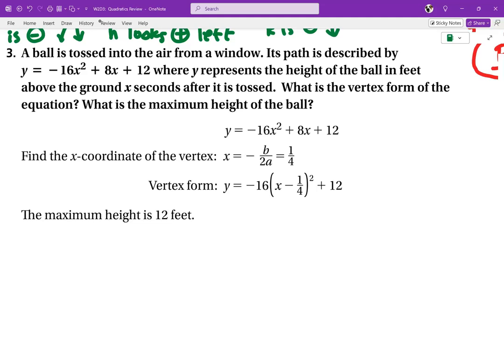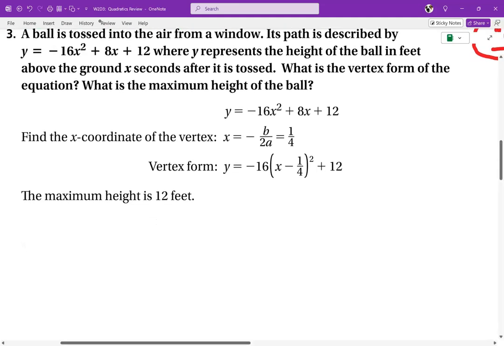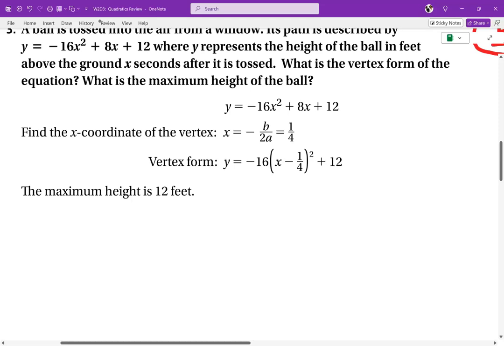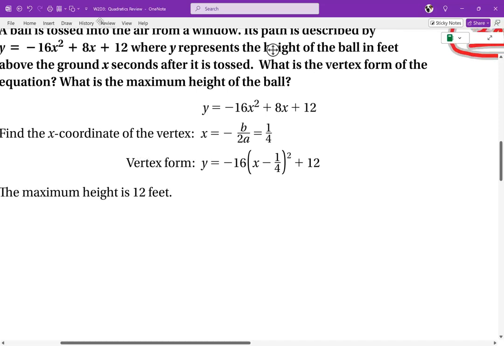Okay, so the vertex form of the equation, I'm trying to remember, did I ever... Well, I can do it a different way. Never mind. I was going to say, like, did I ever teach you guys completing the square? But not yet. But there's a different way. All right. So this is standard form.